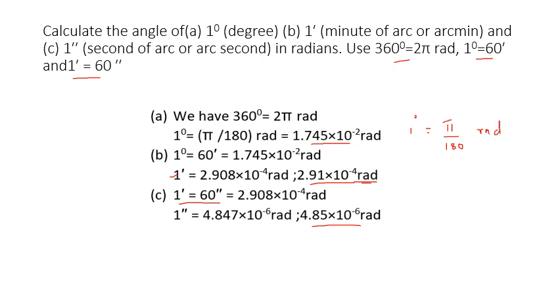Then what is 1 radian? 1 radian, I explained this in previous video. 1 radian equal to 180 divided by pi degrees. Okay. So always remember this relationship, then it will be easy for you to find the rest of the things.